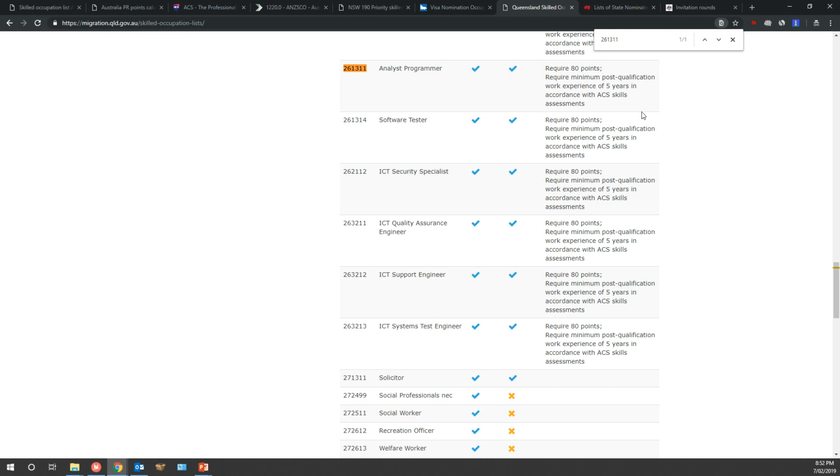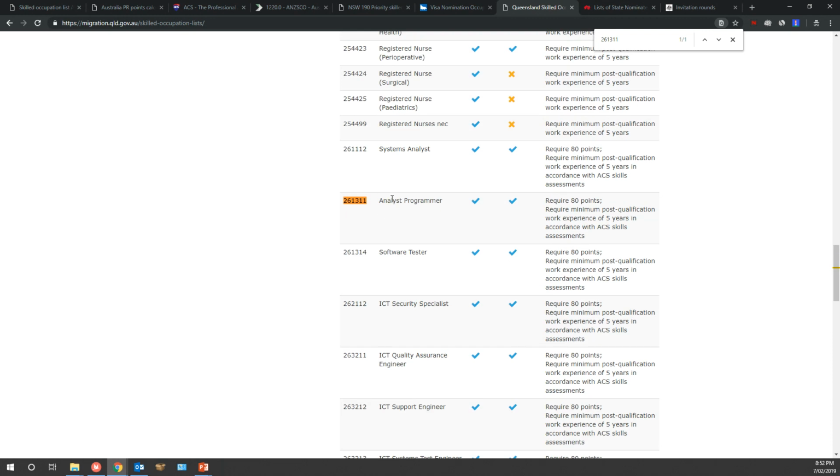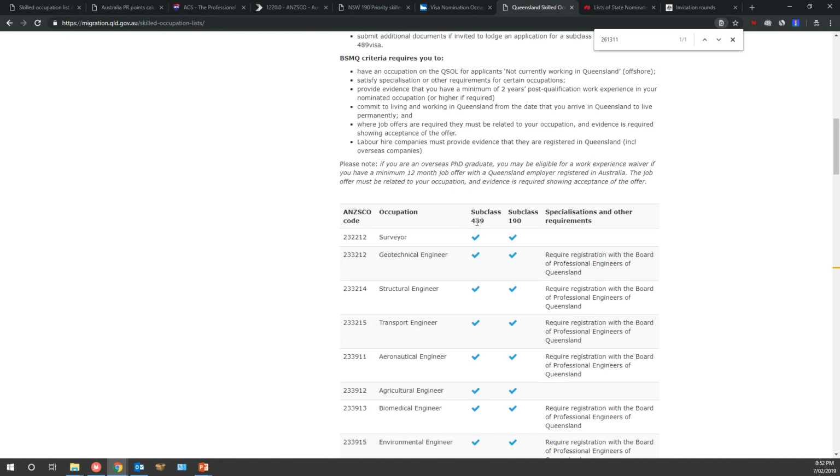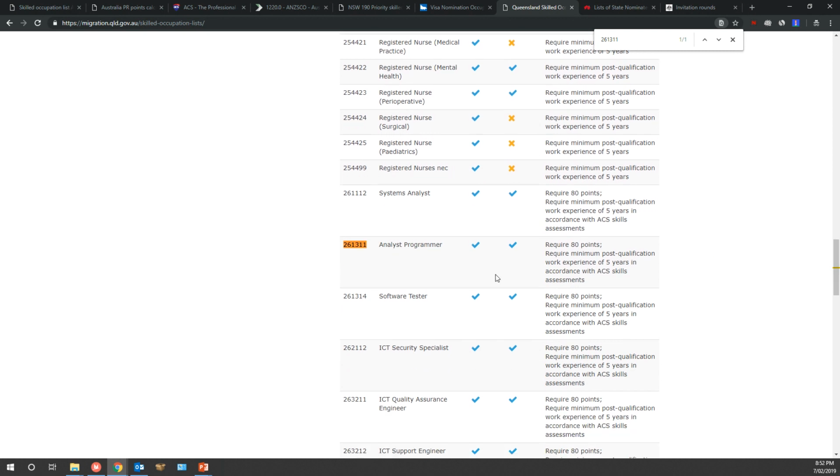Queensland, yes, it is nominating analyst programmers, but you would need to have 80 points, right? Minimum post-qualification work experience of 5 years in accordance with ACS skill assessment. So that could be quite challenging, 80 points. And with the state nomination for 489, you can get extra 10 points. 190, you can get extra 5 points.